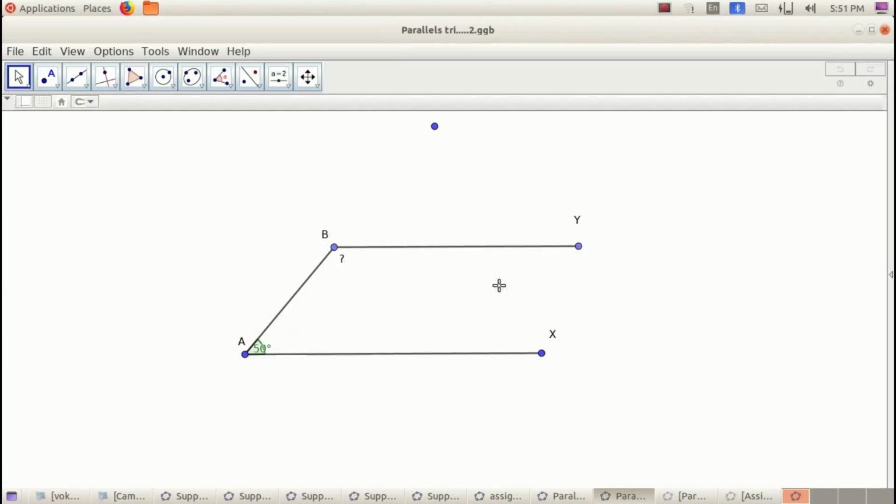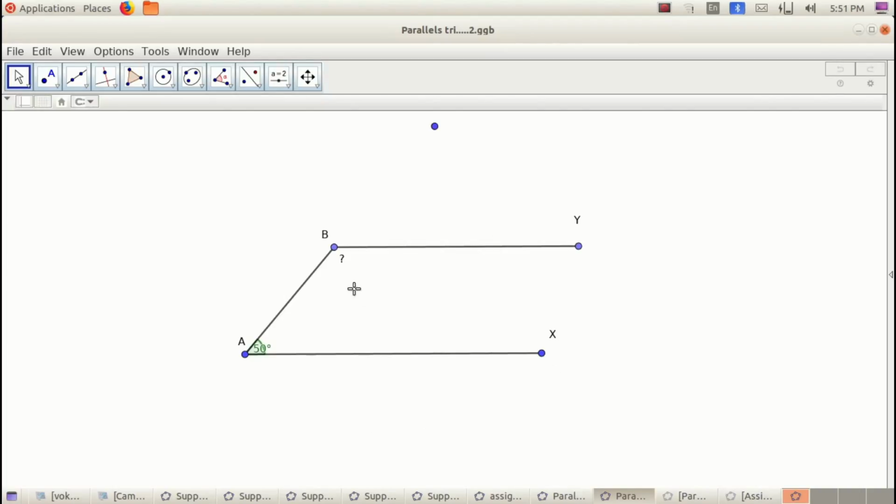What changes occurred here? In this figure, I drew a parallel line through B to AX. This line is parallel to AX. We can realize it at a glance.